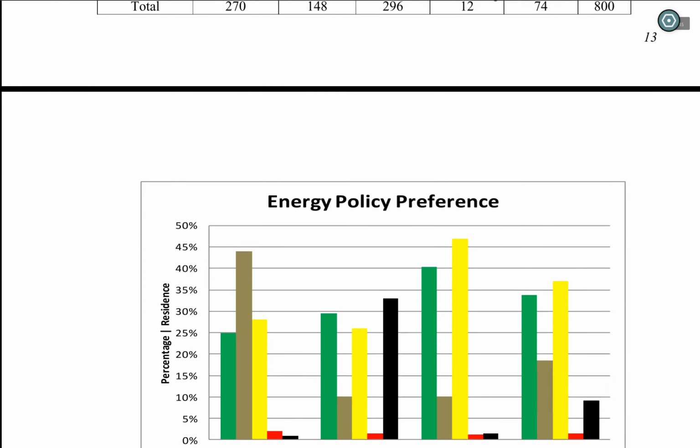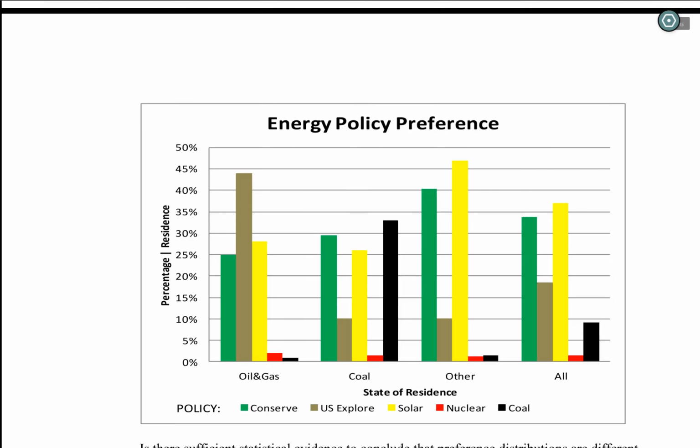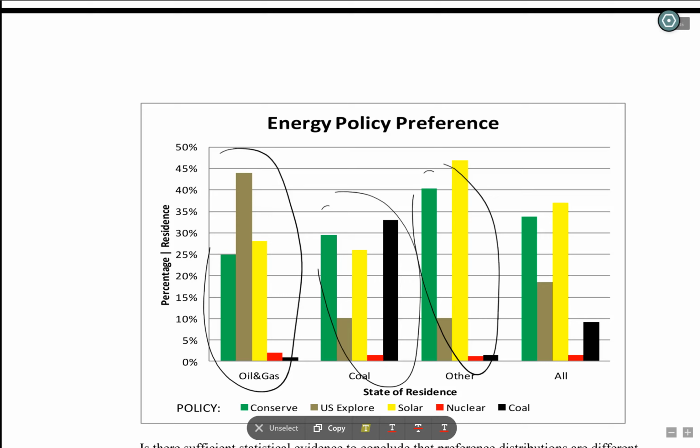Now, here is a picture of that contingency table. If you want to think of this pictorially, we're asking the question, across this distribution, this distribution, this distribution, are the heights of those bars statistically significant?